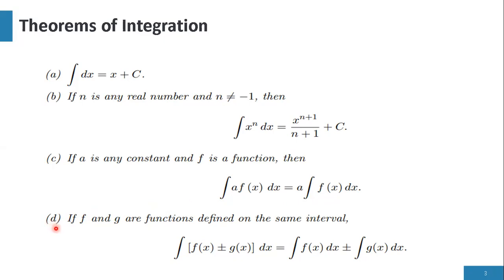And for theorem number 4, if f and g are functions defined on the same interval, then the integration of the sum and difference of two functions, which are f of x and g of x dx, is just equal to the integration of f of x dx plus or minus the integration of g of x dx.